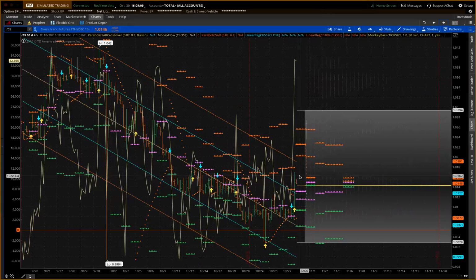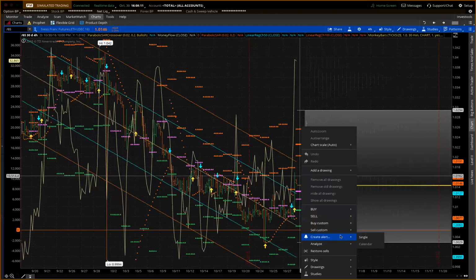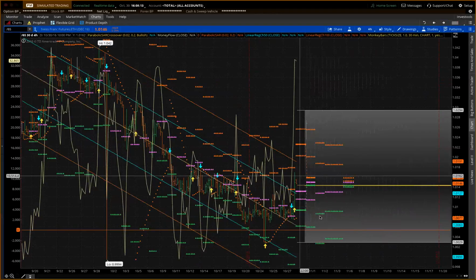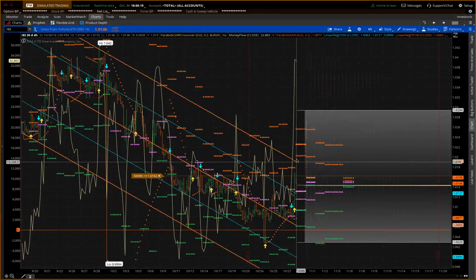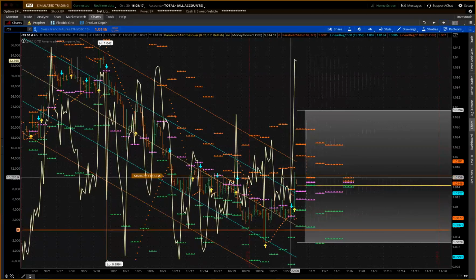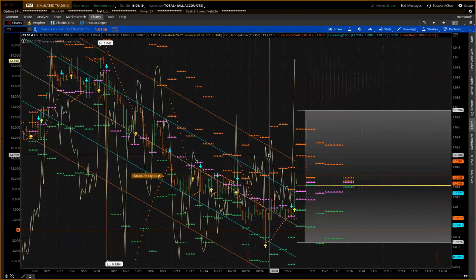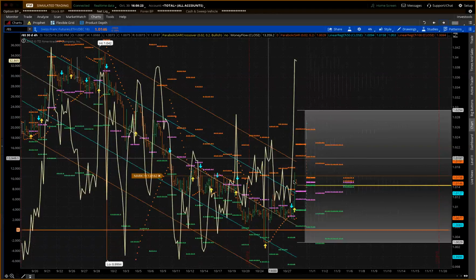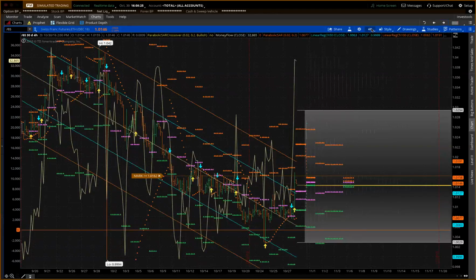I'm going to guess there'll probably be continuation higher here on 6S. Like I said, be careful of the central bank, the SNB, intervening in the currency and driving this lower.